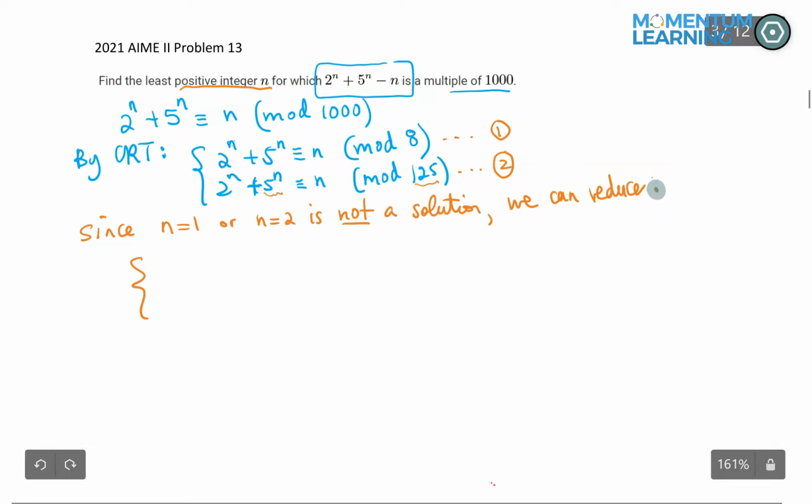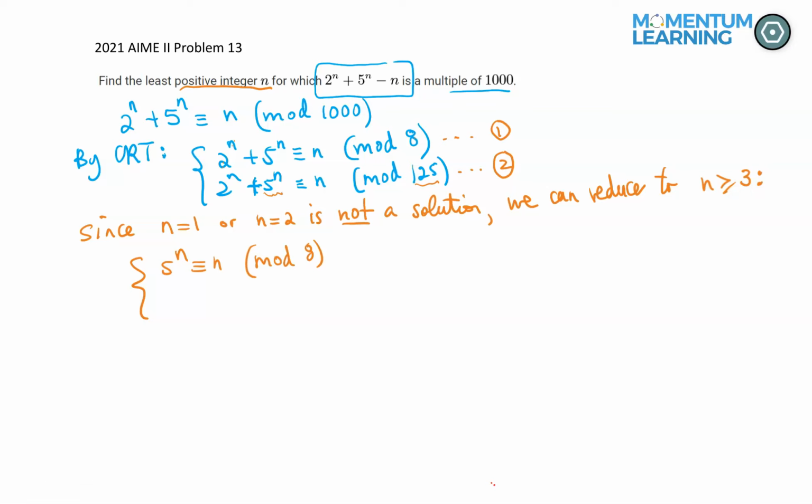We can reduce to n greater than or equal to 3, in which case the first congruence suddenly becomes 5^n is congruent to n modulo 8. And for the second one, 5^n is divisible by 125 for n greater than or equal to 3. So we have 2^n is congruent to n modulo 125. I just wanted to start with this observation because it makes life much easier.